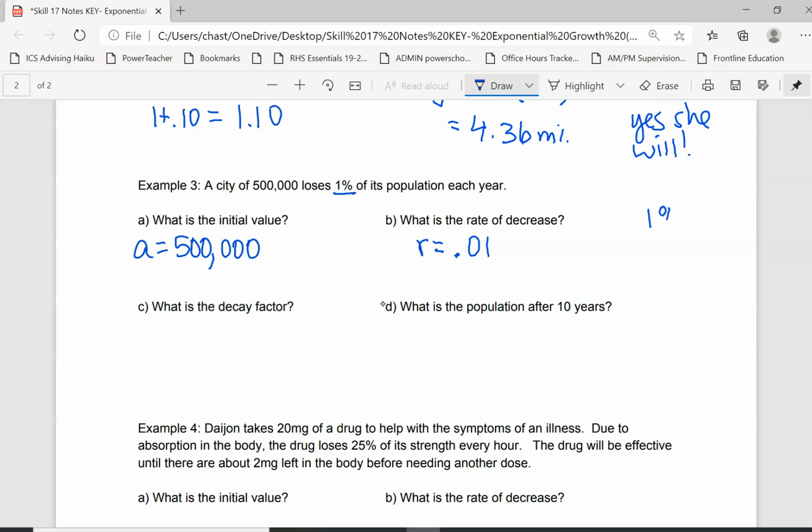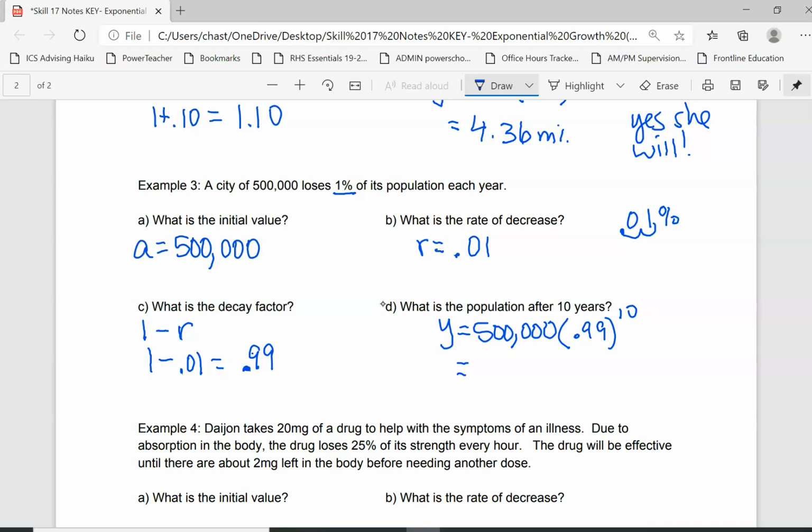Remember, you just take your 1%, move your decimal 2 places back, and put in a 0 for the placeholder. The decay factor is going to be 1 minus r, so 1 minus 0.01, which would be 0.99. And when we write this equation, it goes y equals 500,000 times 1 minus r, so 0.99 to the 10th power.